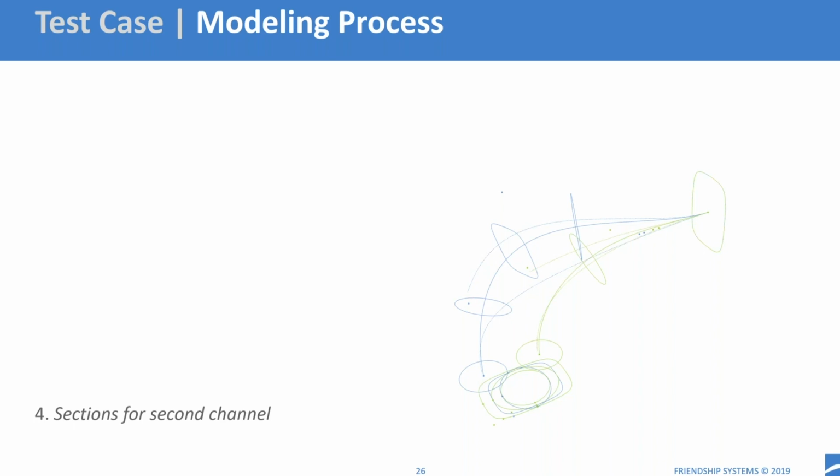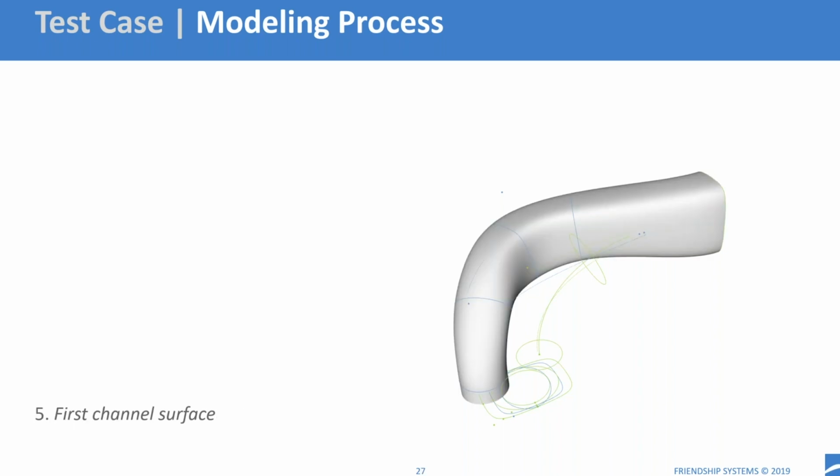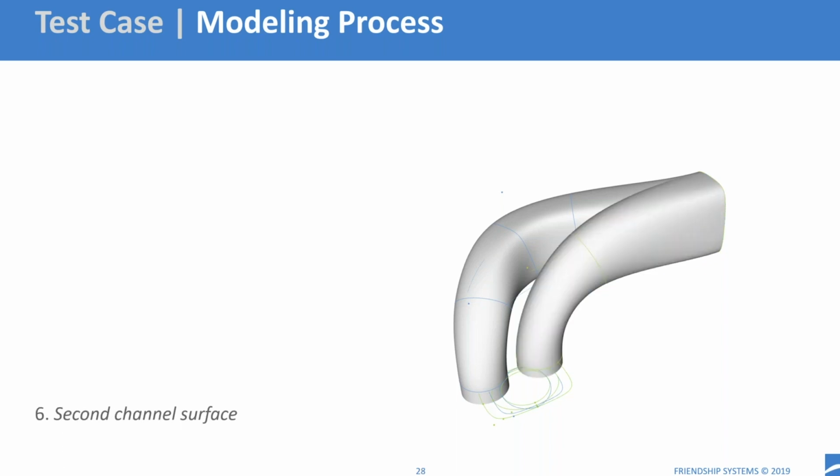And then we are able to use another type of surface generation to go through these sections. It's a little bit like lofting, but we have some additional control, especially because we want to control the tangency of the channels at the inlet and at the outlet. So using this special lofting technique, we create this channel and the second one as well.